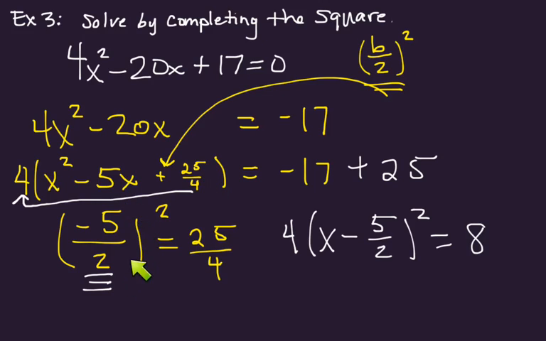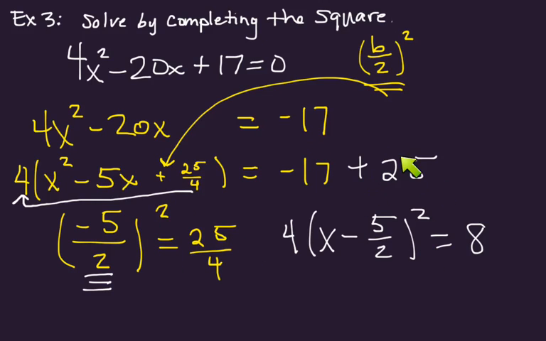Oh, 5 halves, right? Well, what plus what is 5? What's 5 halves as a decimal? What's 2.5 plus 2.5? 5. So if you were to write this out as x minus 5 halves times x minus 5 halves, that would equal this thing.